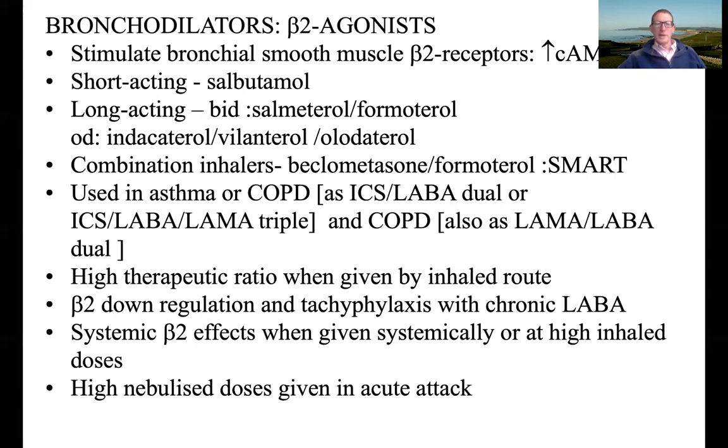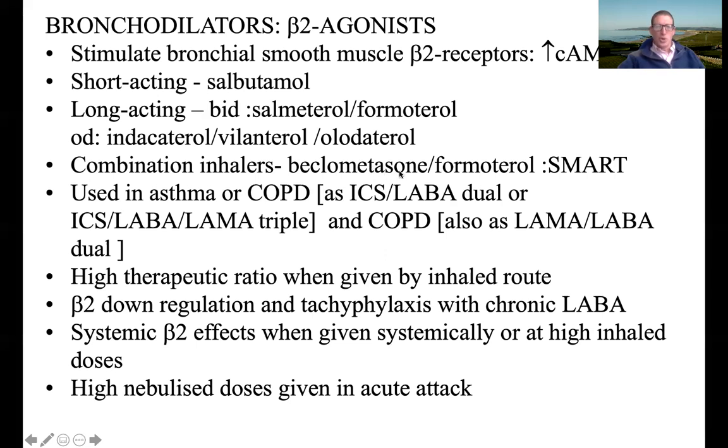So basically, when the patient gets symptoms, they just take more doses of their beclomethasone formoterol. And it's a really good idea because every time a patient takes a reliever, why do they need to use a reliever? Because the inflammatory cascade is activated, which means they automatically get an extra dose of the preventer.